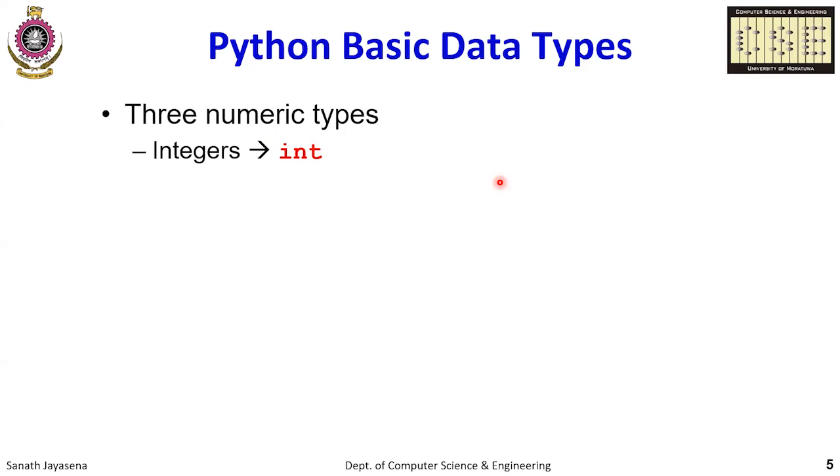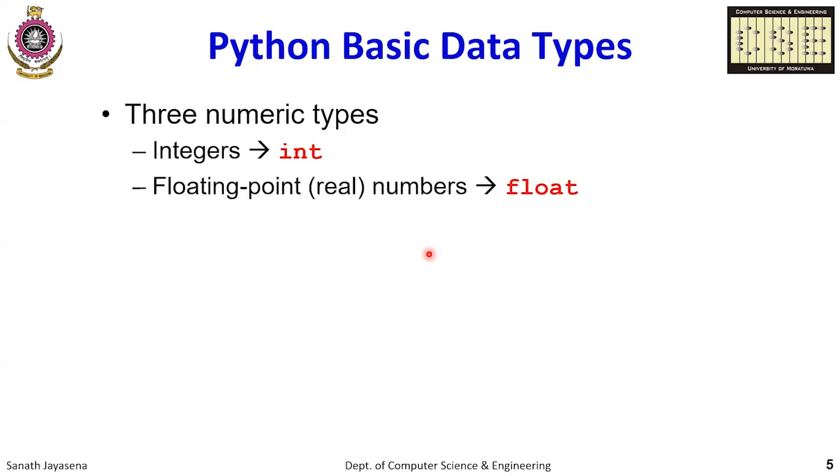And next you have floating point numbers. Floating point is the term used in computing to refer to real numbers. So what's a real number? Real numbers are the ones which have a fractional part. These are not integers, basically. We'll explain it later on. We will have a separate discussion on data representation in computers.